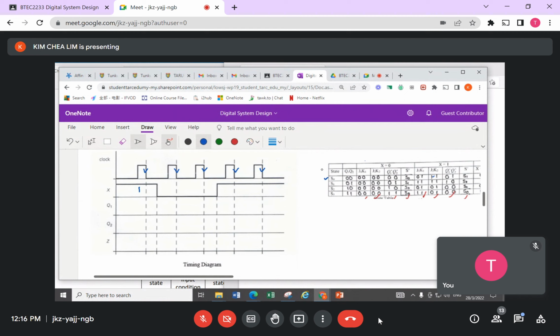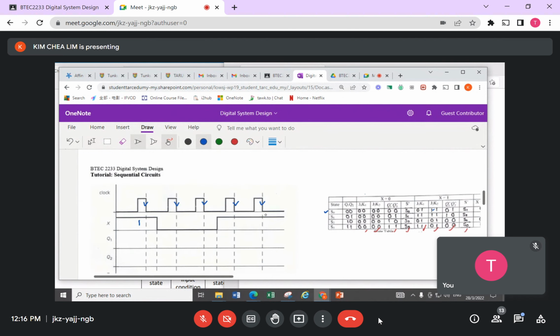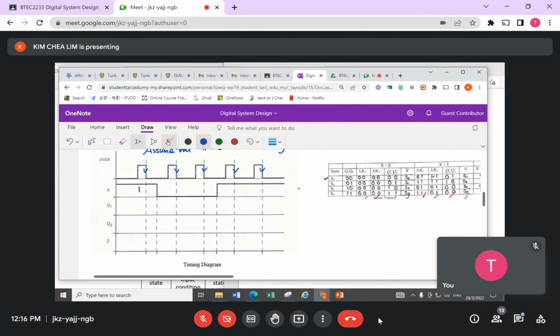To play safe, I'm going to assume that Q1, Q2 equals 0, 0 initially, so that we've got no arguments. The question never tells me, so I'm going to start off with both at 0.